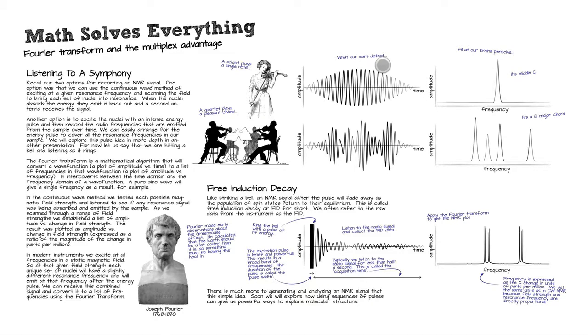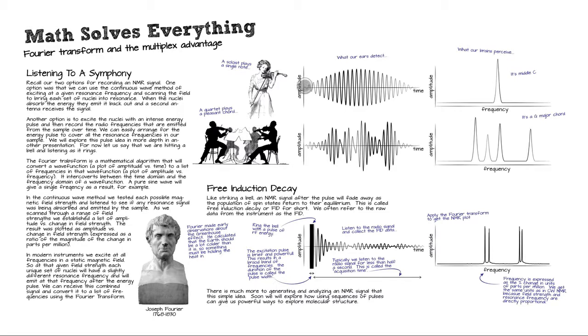The Fourier transform is just a mathematical method for converting amplitude going up and down over time to frequency. Amplitude doesn't change, but now we have the frequency: how many times a second it went up and down. So it's going to turn this into a list of frequencies and their amplitudes that are in that signal.